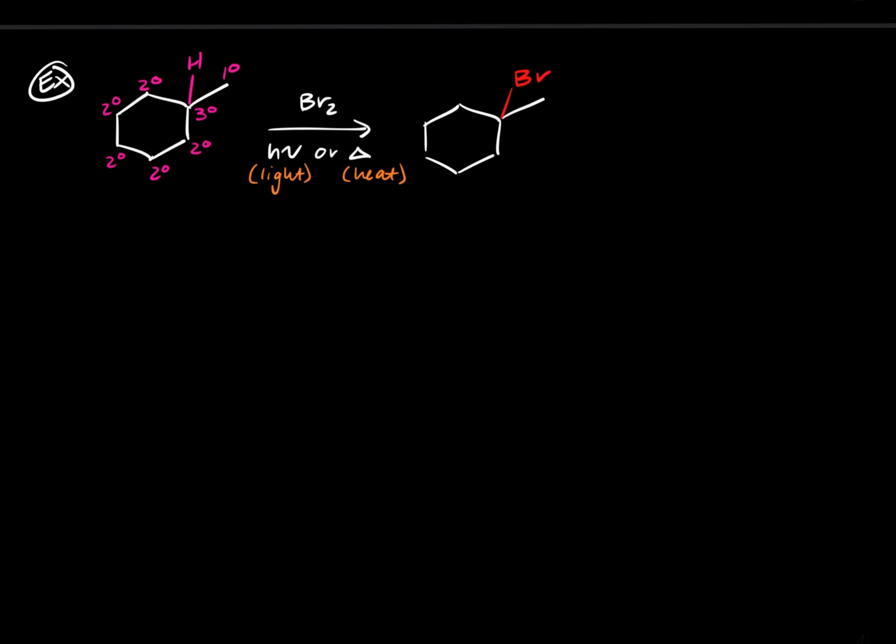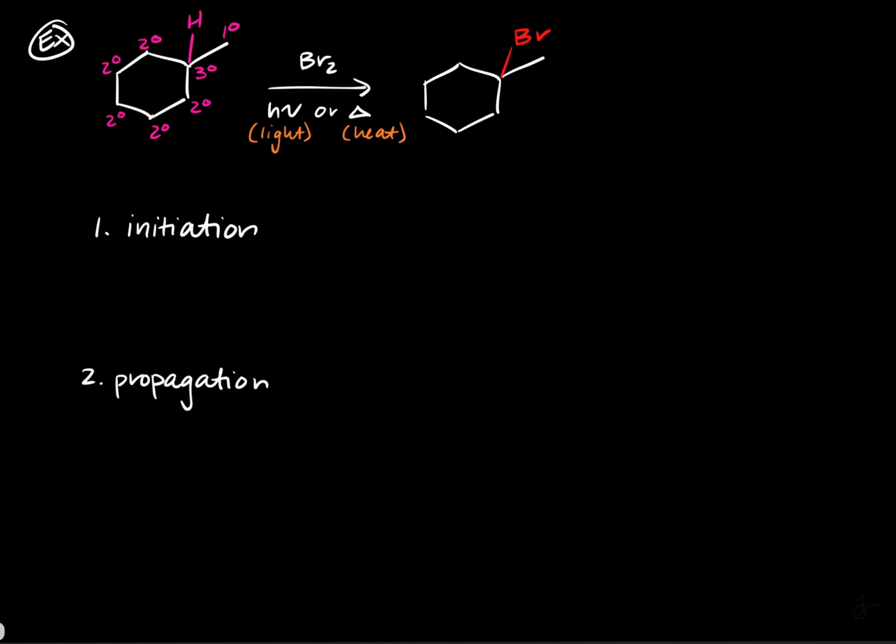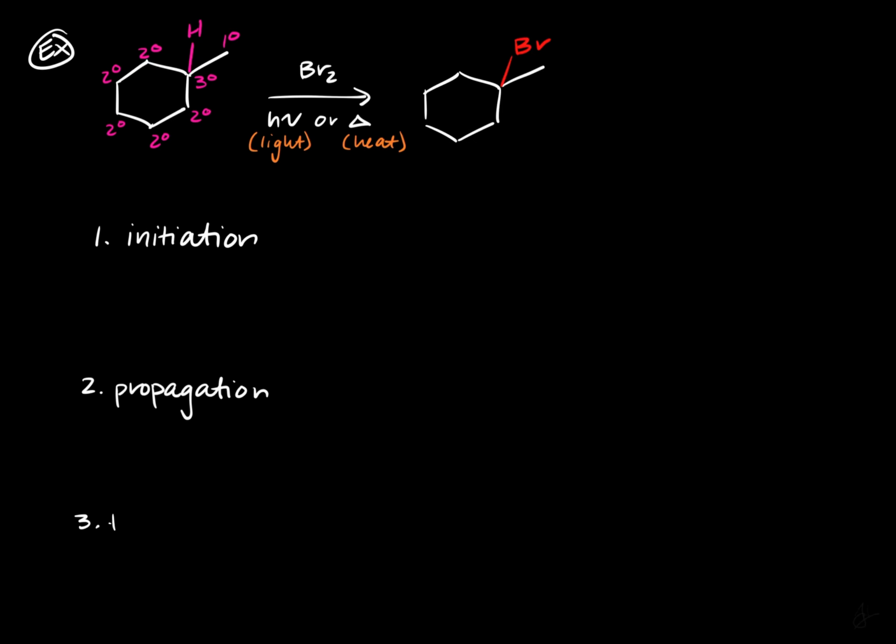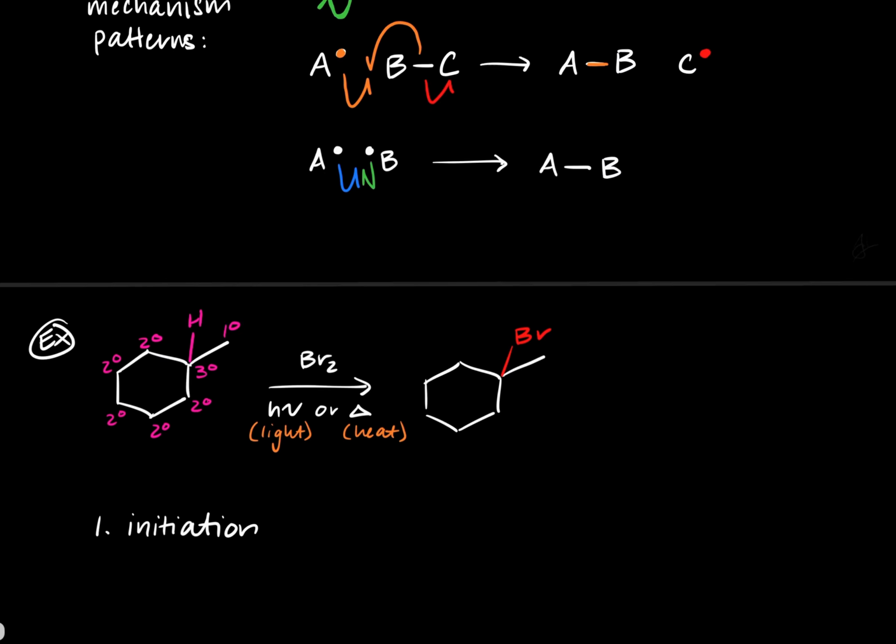Now, we'll get to an example of that in a second. So now let's just get to the mechanism. So there's 3 steps in the mechanism. We have initiation. We have propagation. We have termination. These are the 3 steps in the mechanism, and they almost exactly mirror what we talked about earlier.